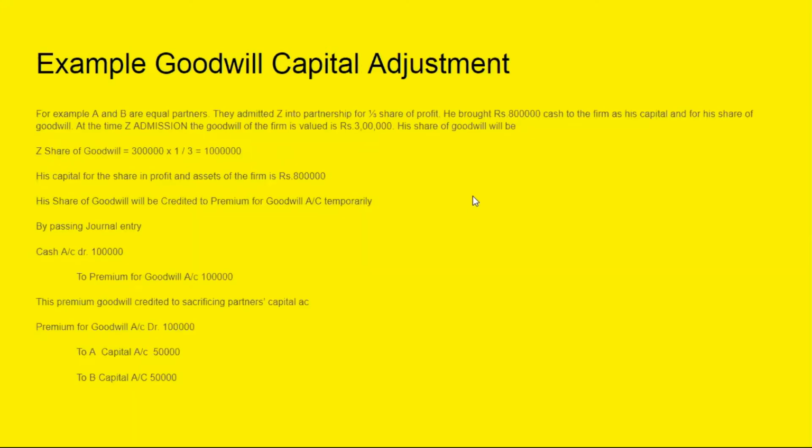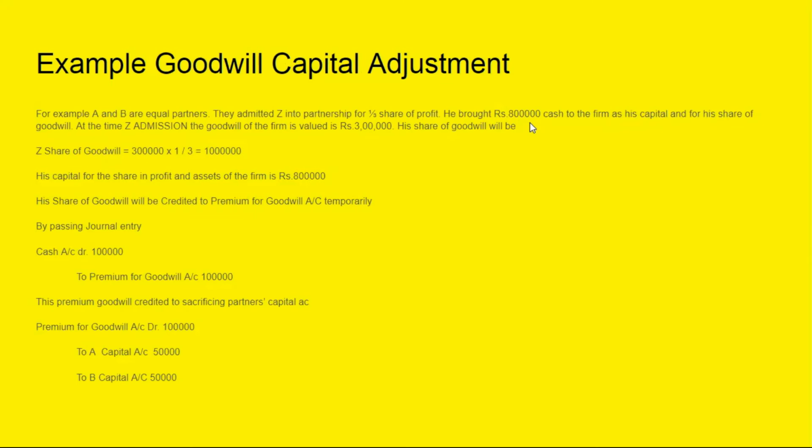Say, for example, A and B are equal partners. They admitted Z into partnership for a 1/3 share of profit. Z brought 8 lakh cash to the firm as his capital as well as for his share of goodwill.